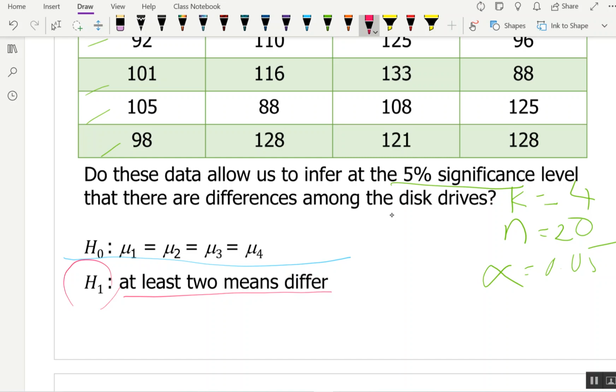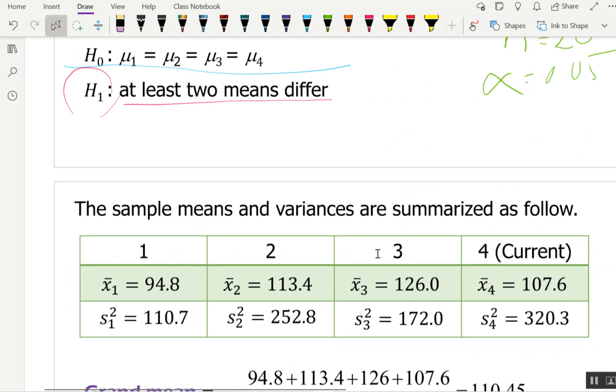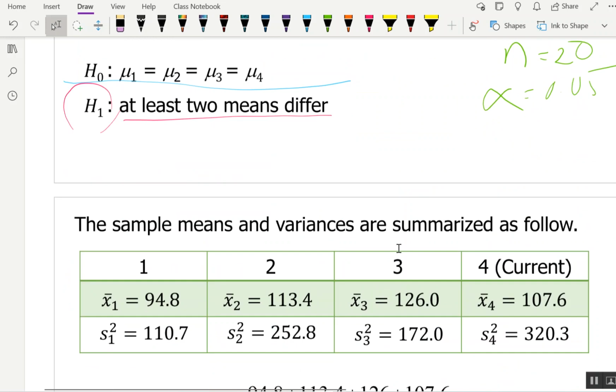Like I said to you just now, as long as we want to see or measure any differences between the means, no matter whether only 1 or 2 or all the populations are not the same, it still refers back to ANOVA, because we want to see the differences among the population means. But for this question, at least 2 means differ.